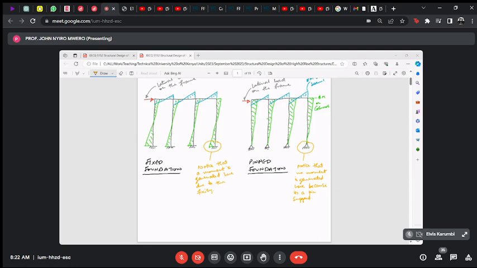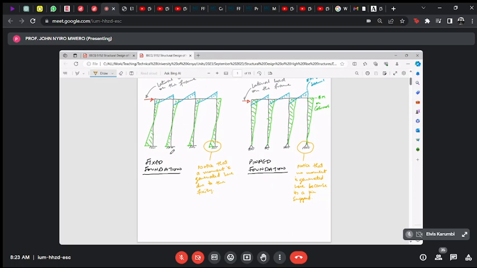Now, what does this imply in terms of the rigidity of the structure, and the kind of foundations we need to do? Because this frame is fixed, it is stiffer, it is more rigid.